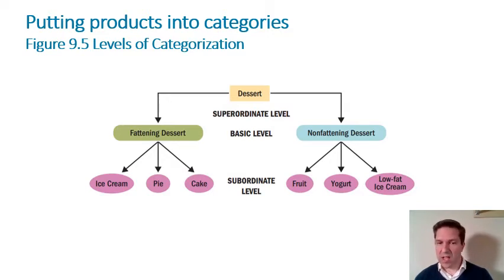Now notice one thing, you can go deeper in categories than the subordinate level, right? So then you might have fruit, but then within fruit you might have different categories. So maybe you have citrus, right? And then you have oranges and grapefruits and lemons, right? And they are all considered similar to you, or maybe very different.